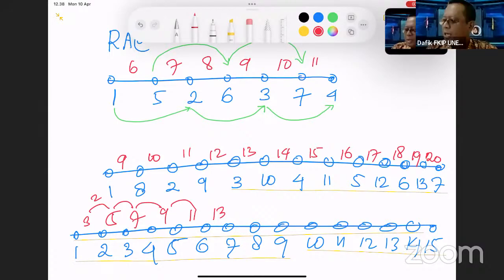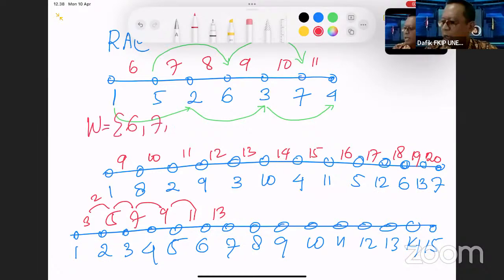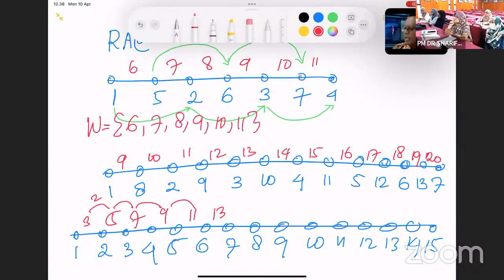If we put them in the set H, then my question is, what is the cardinality of the set?